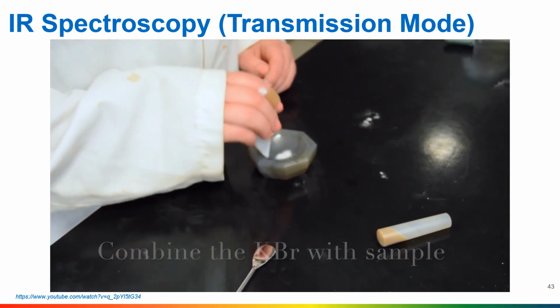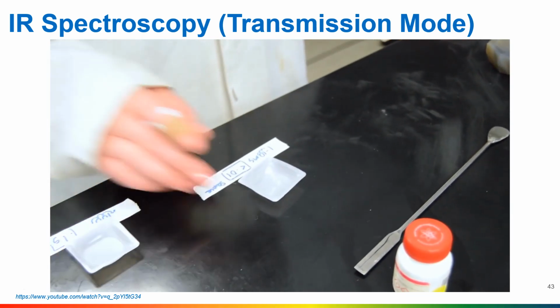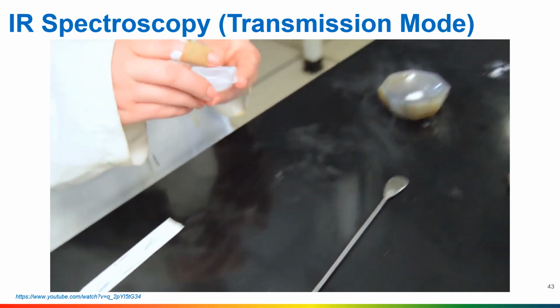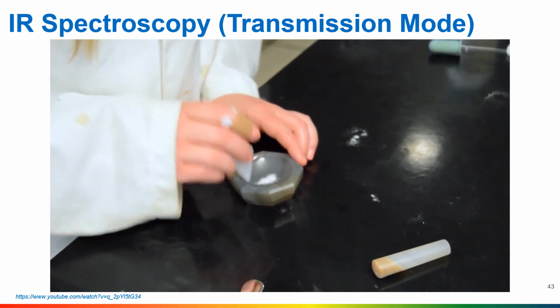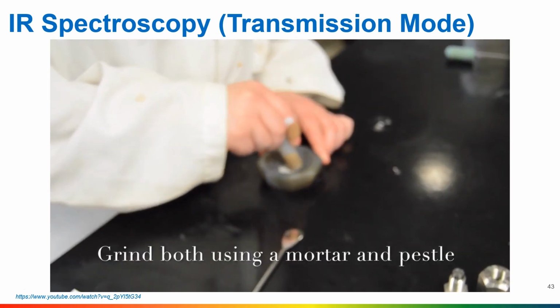Combine the measured amounts of potassium bromide and the sample into the mortar. Use the pestle to grind the two solids together. Do this for about 20 seconds so that both solids are mixed evenly and ground well.